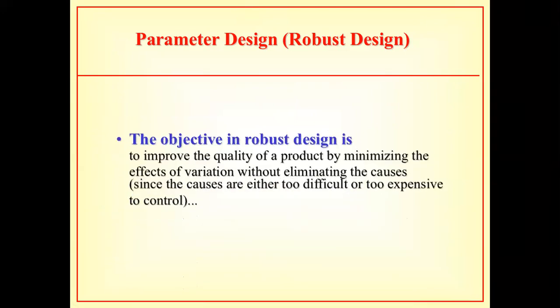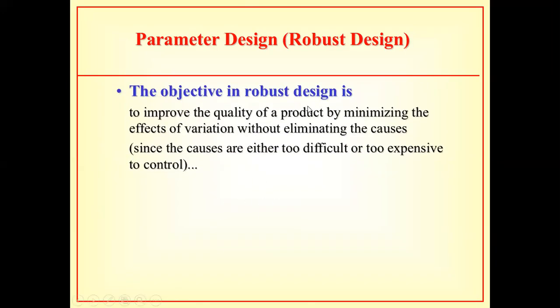As I already said, Taguchi's main contribution is the second stage. Because of this second stage, it is known as the robust methodology or robust design. Now the question comes: what is robust? Before that, we should know the objective. Our objective is to improve the quality of the product by minimizing the effect of variation.